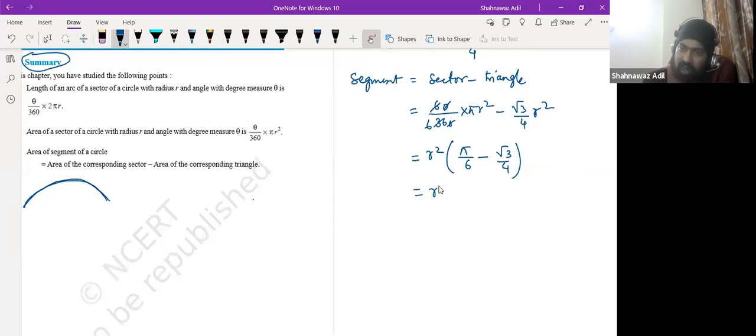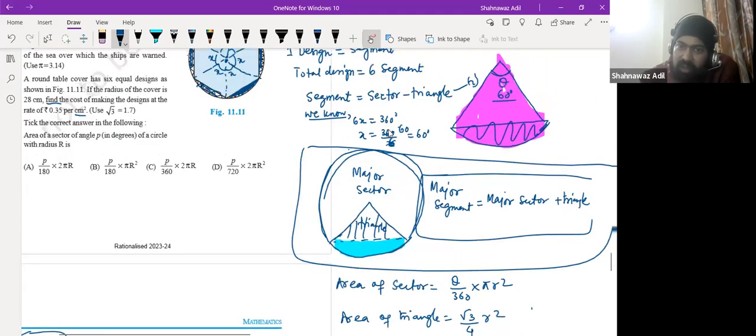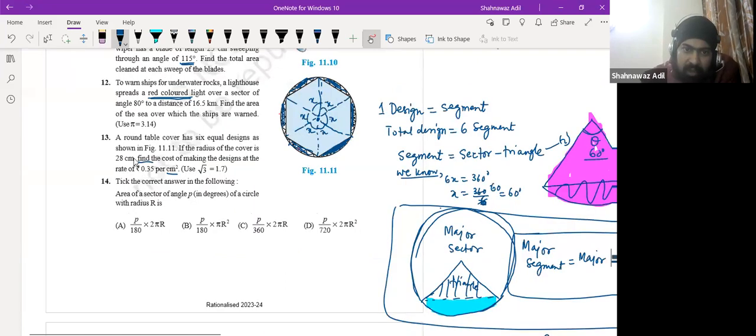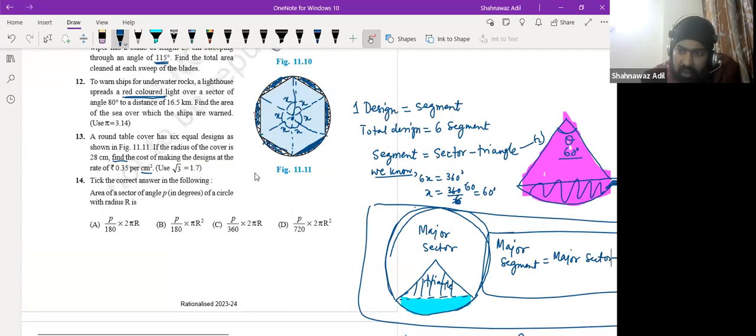So this is pi, 22 by 7, or we can use 3.14 as well. So 3.14 by 6, 1.7 by... how much is this thing? What was the R value? R was 28 centimeters. So R was 28.